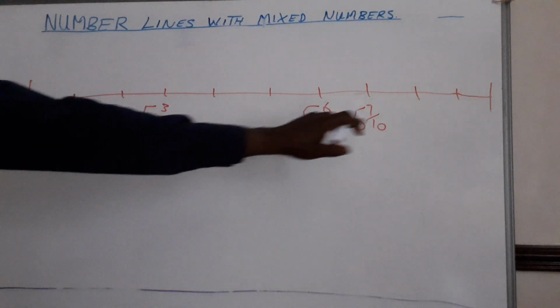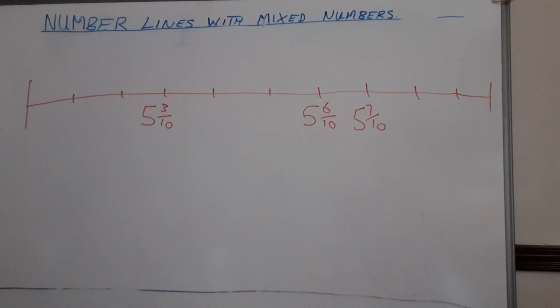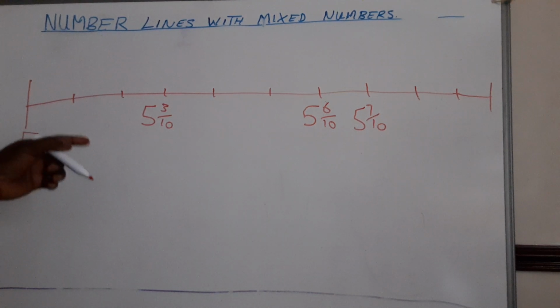We've already been given some numbers, so definitely it gives us a clue that the whole number at the start is going to be 5, because it's showing us 5 here. So we have 5. And we know that the intervals that's given to us is 10.